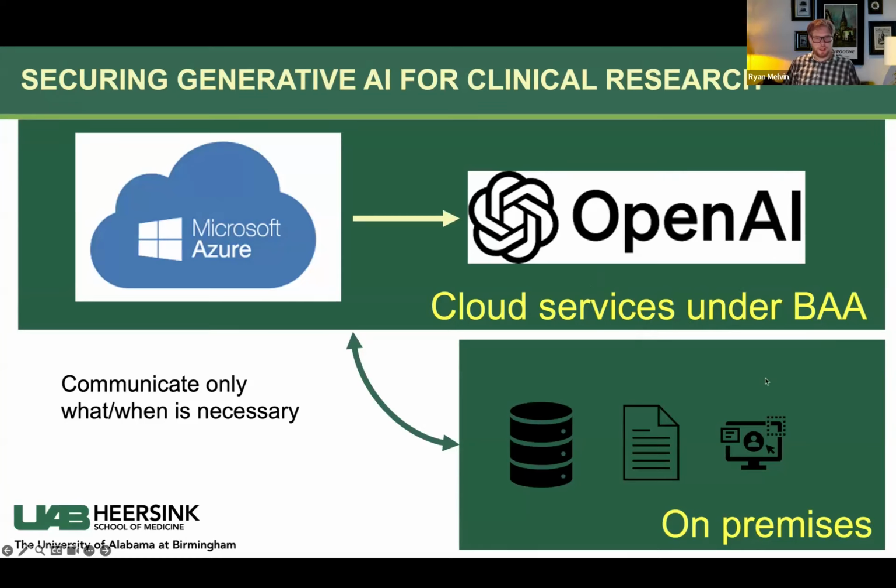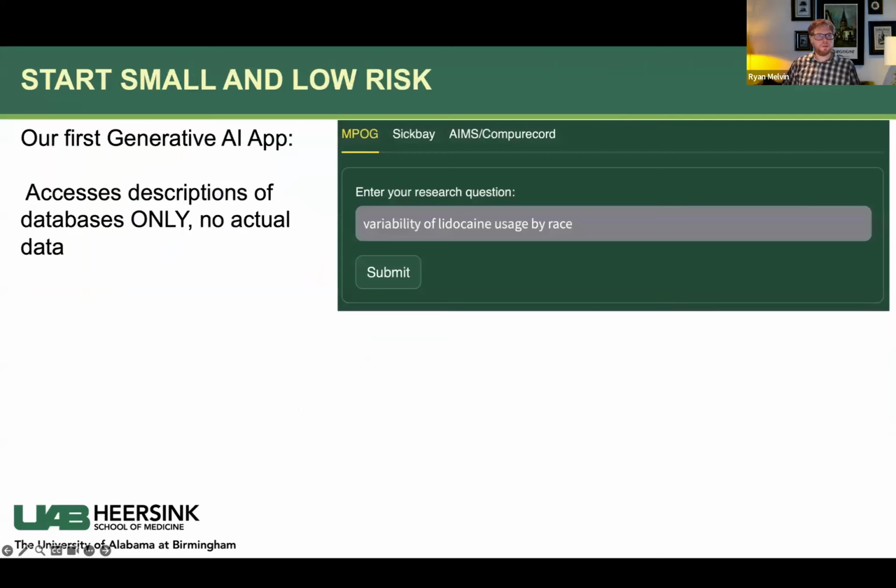And we started pretty low risk. So we have in our department 3 big databases that we sort of maintain, one of which is part of a national database. And we have this web app where you can enter in a research question, and this isn't even really a question that I used as my example here.